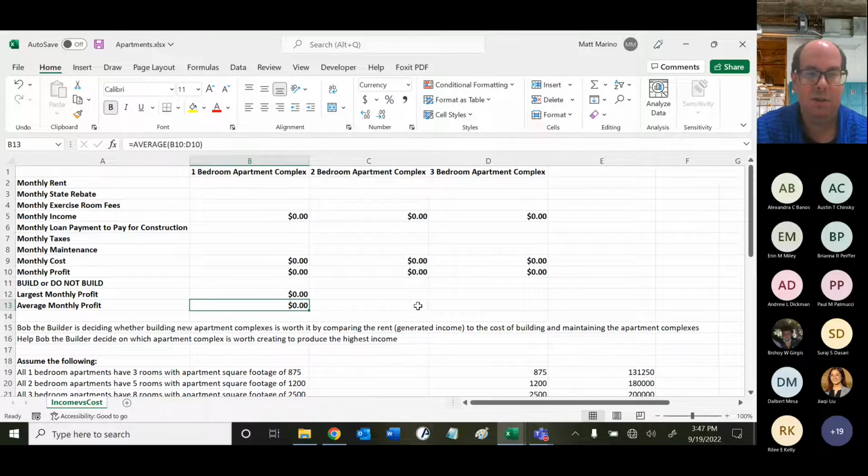And then the average monthly profit is just the same, but with average instead of max. So if it says largest, it just means max. If it says smallest, it just means min. Basically, a lot of the formulas in Excel are based on math terms.